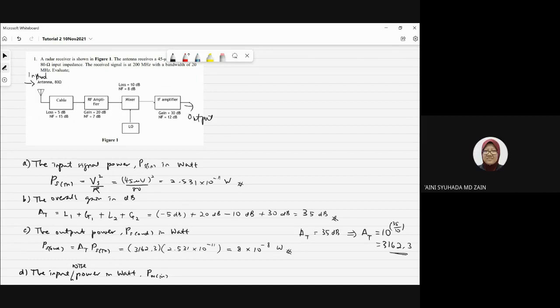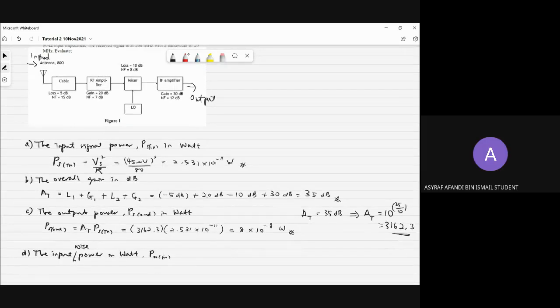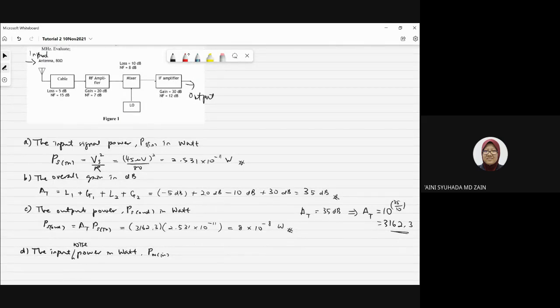Oh, betul. Dapat sama. Did you manage to convert the overall gain in dB to the absolute value? Yes, betul. So dapat jawapan yang sama, 3162.3. Either you discard that 0.3, then mungkin you akan dapat jawapan lain sikit lah, 2.6, 2.531. But overall dia akan dapat in this range.